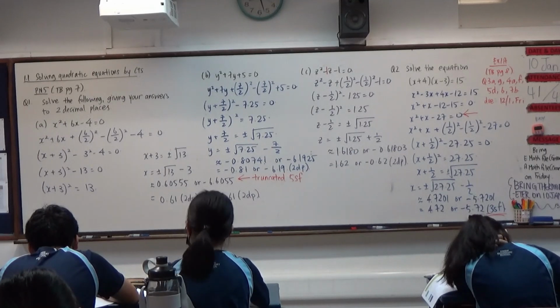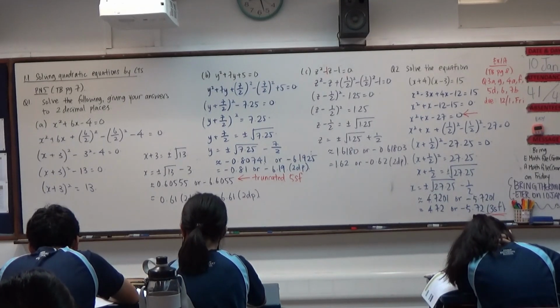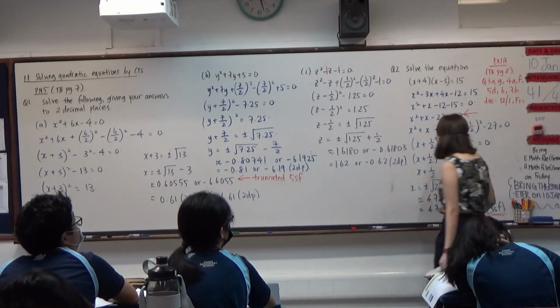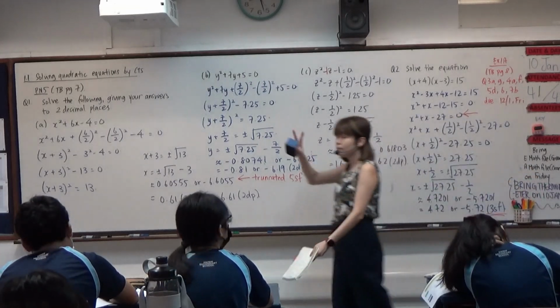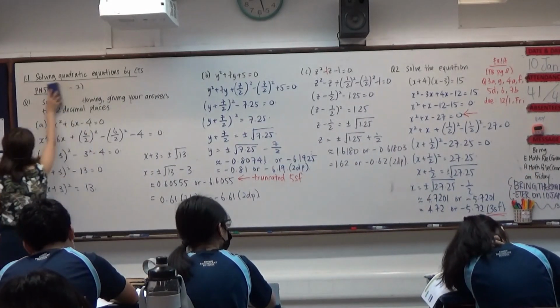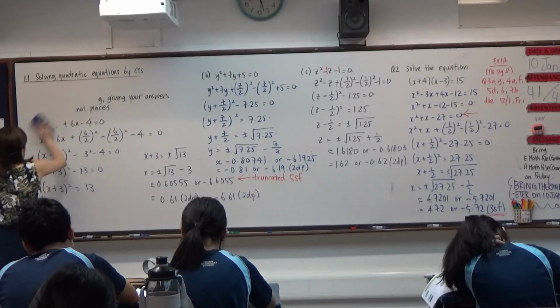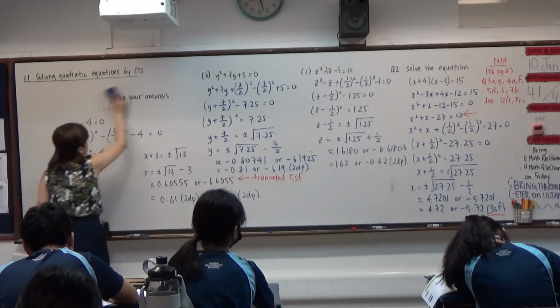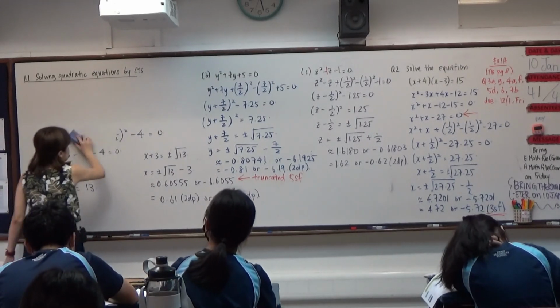Now let's go into our other method of solving. We have learned 2 methods of solving quadratic equations so far. One was last year, by factorization. Another one is completing the square.